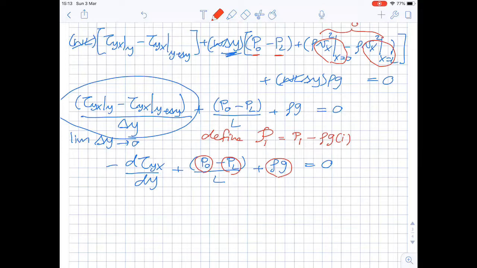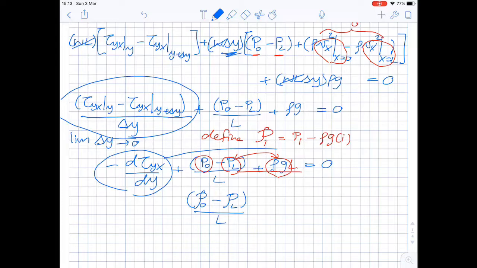So if you extend this denominator over here, you should have L over here, and PL and this term can be combined according to the definition. Here supposed to be modified pressure 0 subtracted by modified pressure L divided by L, and then I can take this to this part, right?